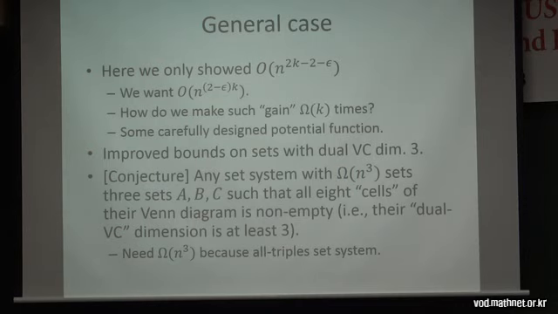It can't be better than n to the 3, because if you look at all the triples, we have n choose 3 sets, but we can't take 3 sets that satisfy this condition. So n choose 3 is a lower bound.